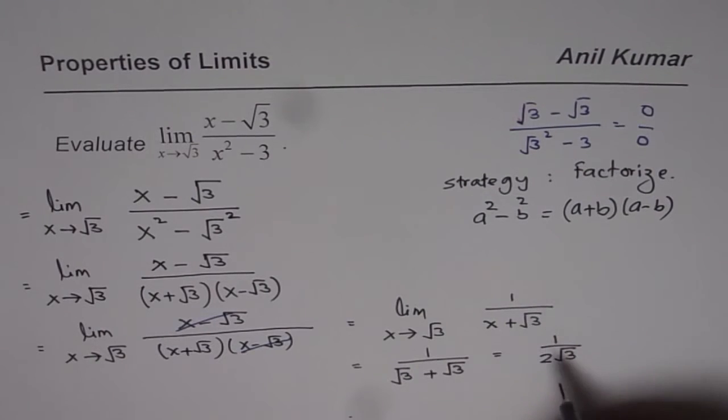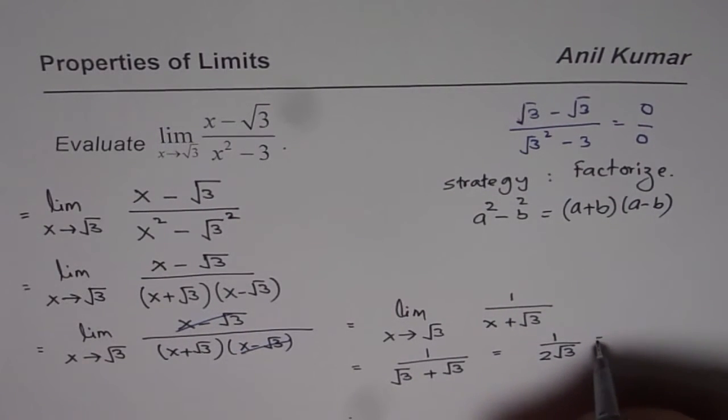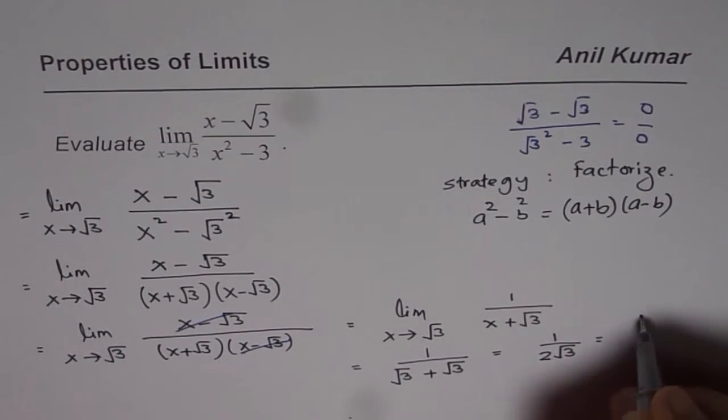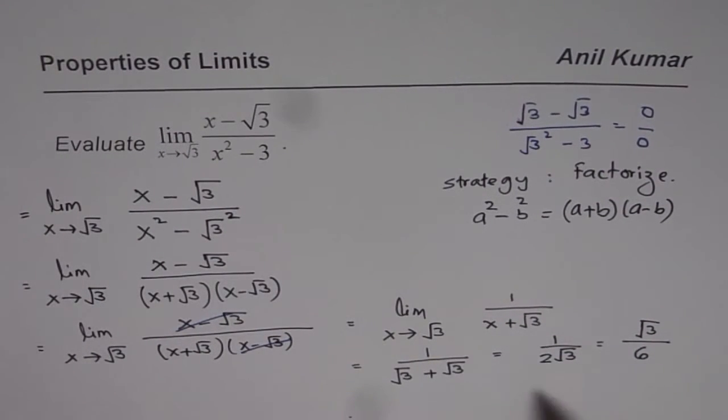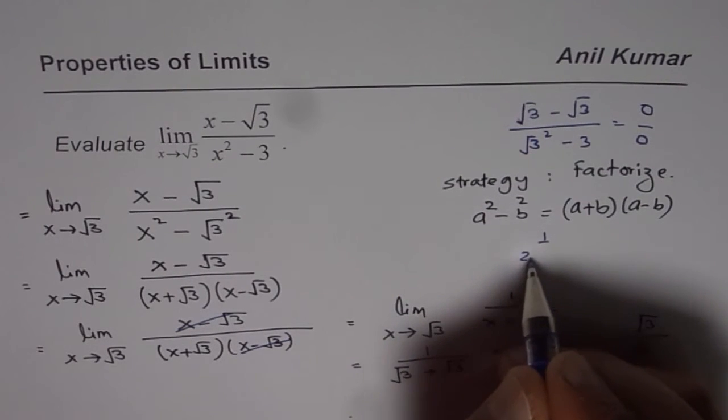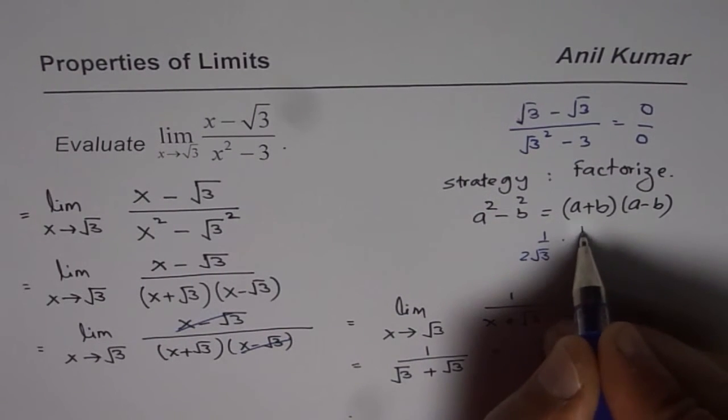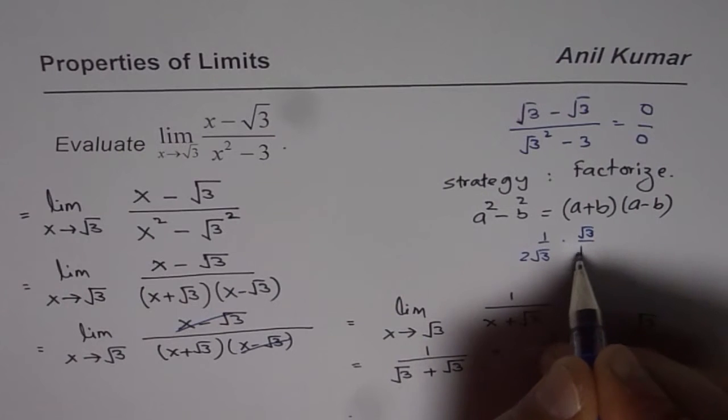So at times what we can also do is rationalize it, right? So we could rationalize and also write down the answer as square root 3 over, so when you rationalize you get 2 times 3 as 6, right? Let me show you this part on the side. It is 1 over 2 square root 3. We are multiplying and dividing by square root 3.